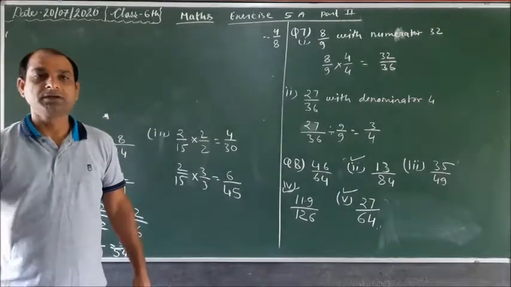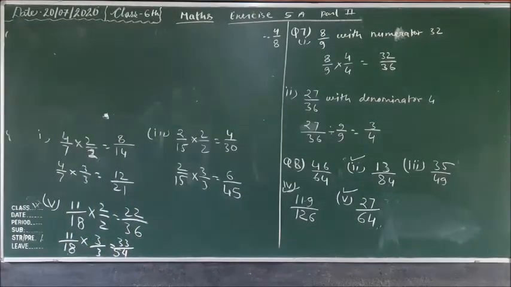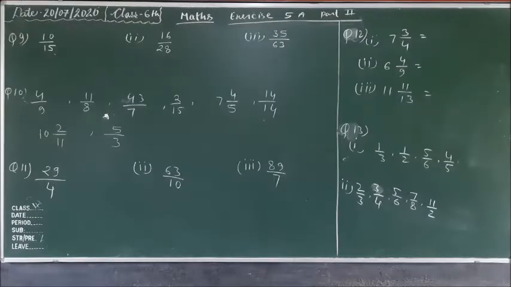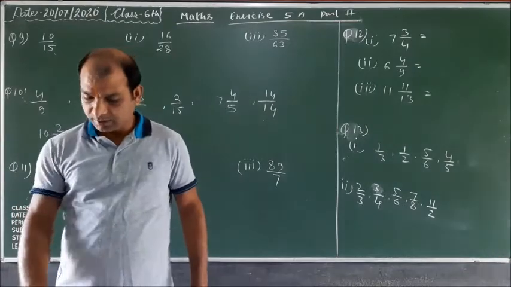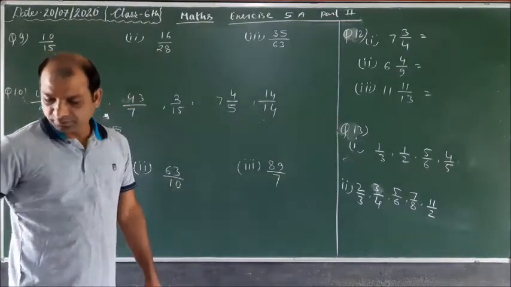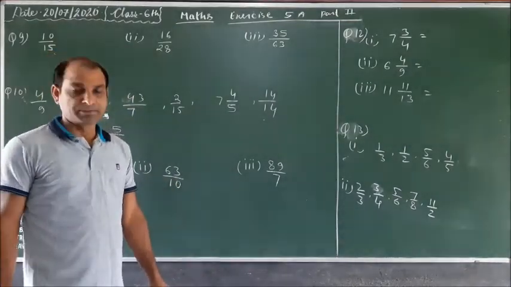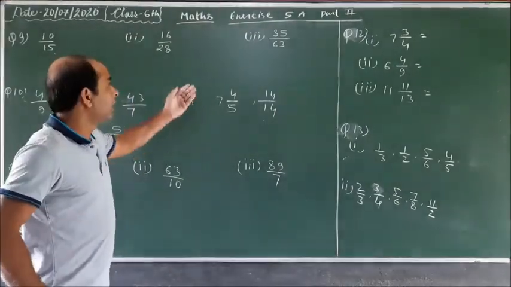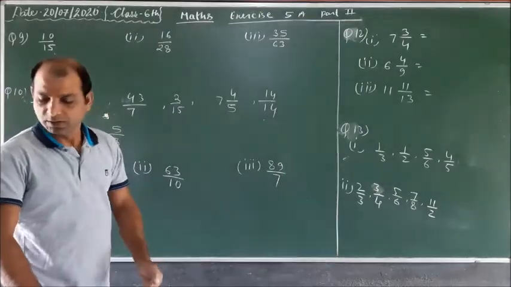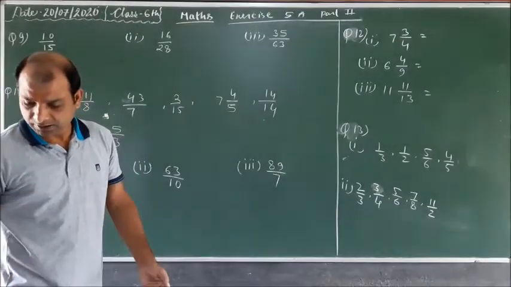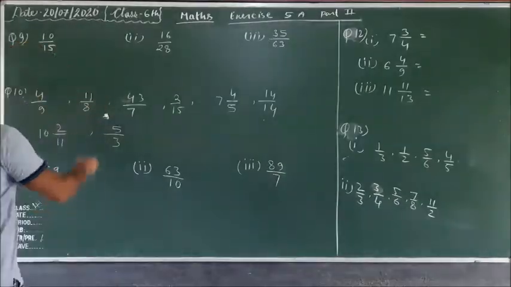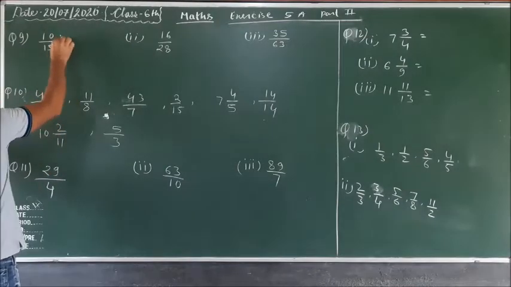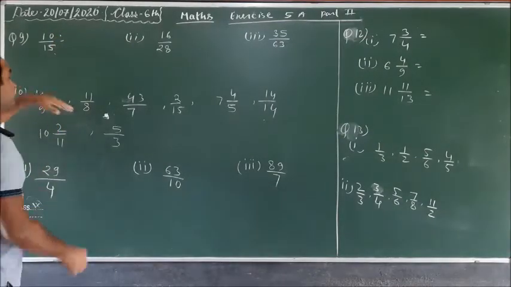Now question number 9. Dear children, reduce the following fraction to the simplest form. In the last question, I told you how to convert into the simplest form, and question number 9 is saying we convert 10 upon 15 into the simplest form.